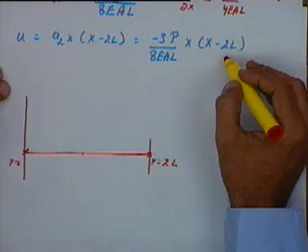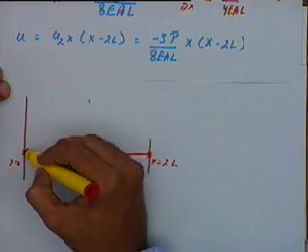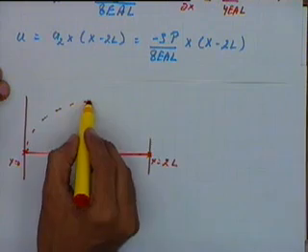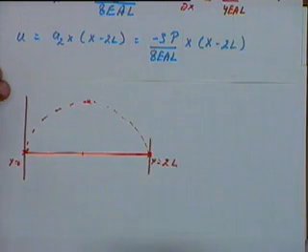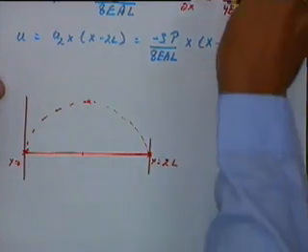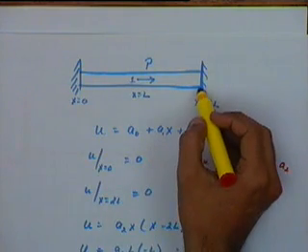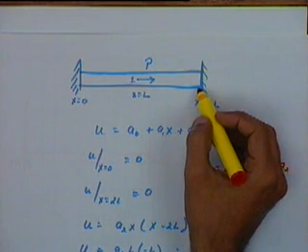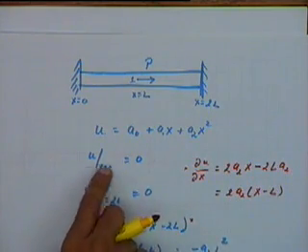It is maximum at x equal to L, and it is a quadratic relation. Why should it be 0 at x equal to 0? Because that is part of the boundary condition. Look at this figure. It is fixed here, so there is no deformation here. That is why we give the boundary condition that at x equal to 0, u is equal to 0.